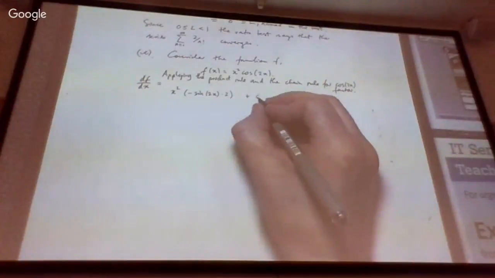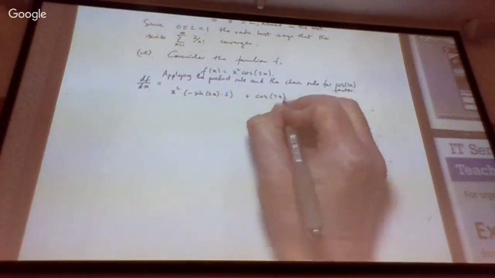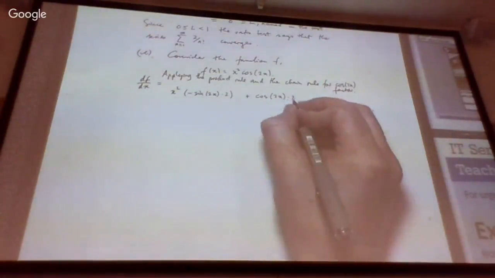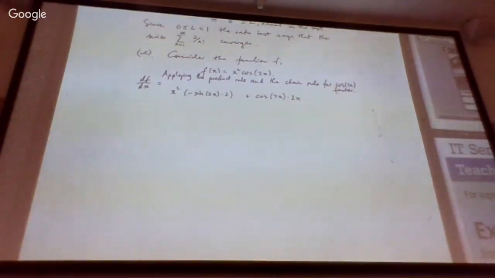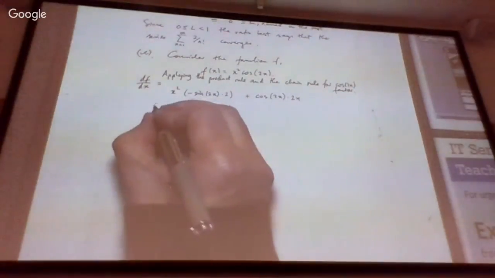That's the first part of the product rule. The second part is to keep the cosine 2x factor the same, and then to multiply by the derivative of the other factor, which is x squared, which differentiates to 2x. So tidying up there, we can maybe see a common factor of 2 times x in each of these.